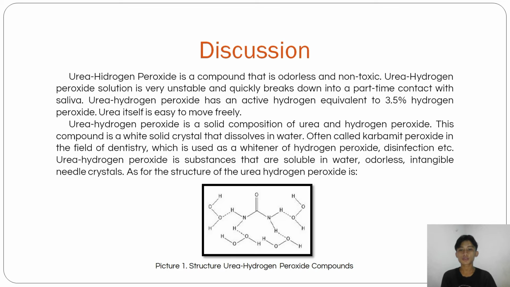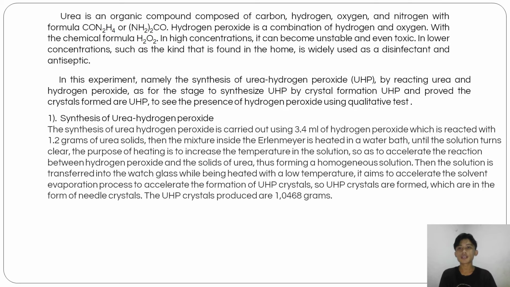As for the structure of urea hydrogen peroxide, it is the structure in picture 1. Urea hydrogen peroxide compound, right here. Urea is an organic compound composed of carbon, hydrogen, oxygen, and nitrogen with the formula CON2H4, or NH2 CO. Hydrogen peroxide is a combination of hydrogen and oxygen with the chemical formula H2O2.